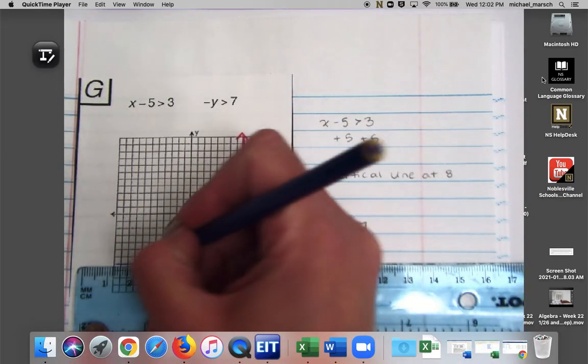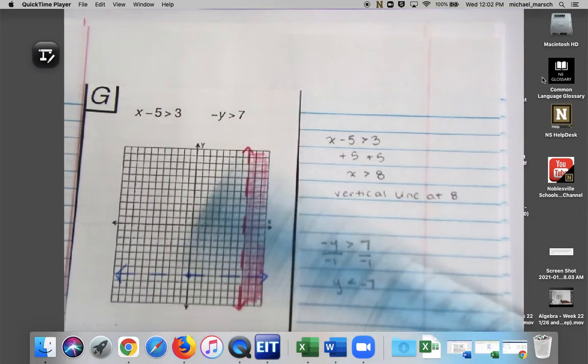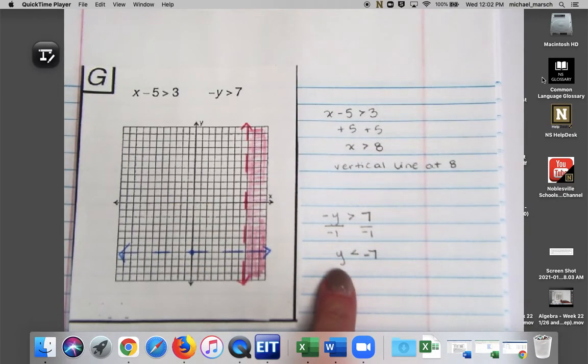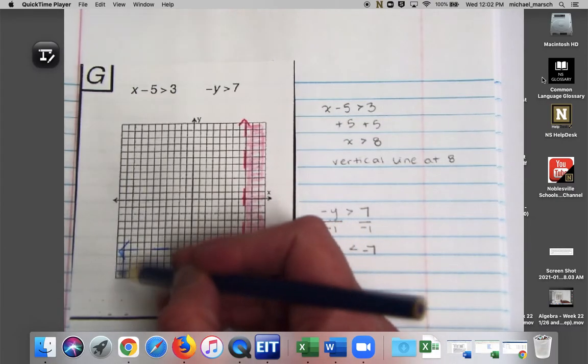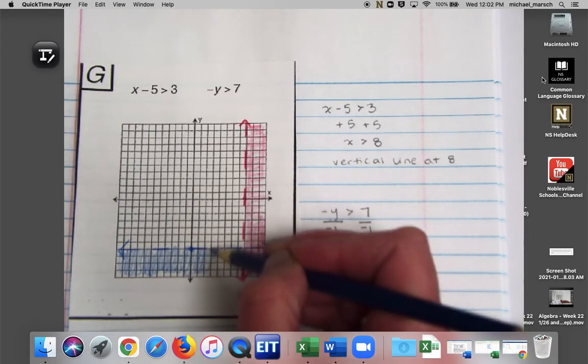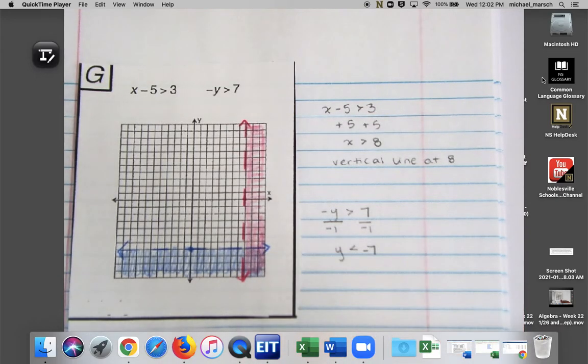It is going to be dashed because it's not equal to. And again, we can put 0 in for y. Is 0 less than -7? No. So we're going to shade away. So we have this teeny tiny corner of solutions.